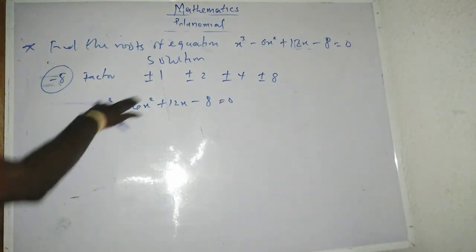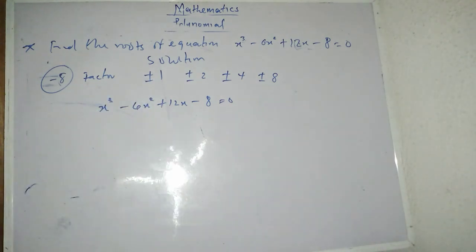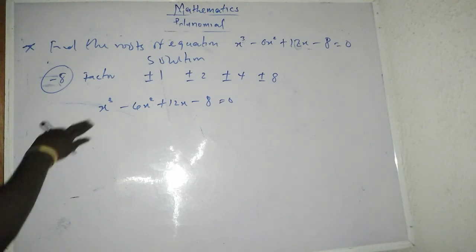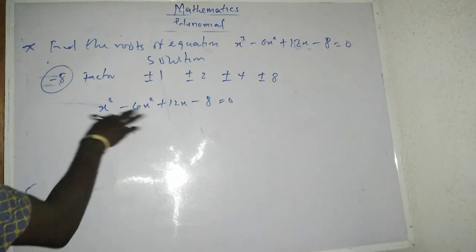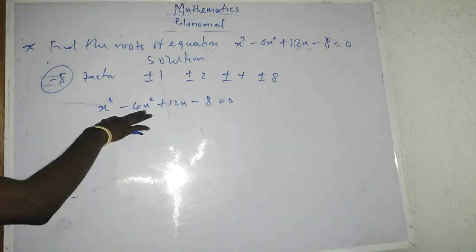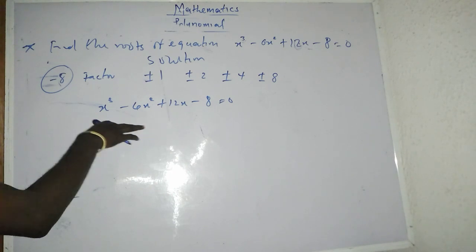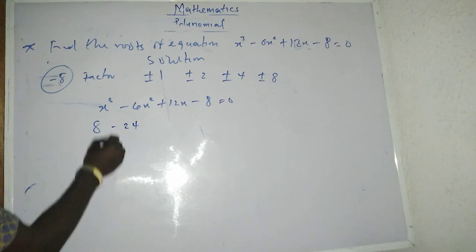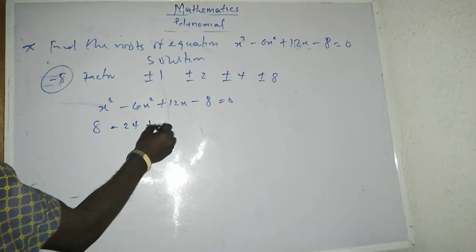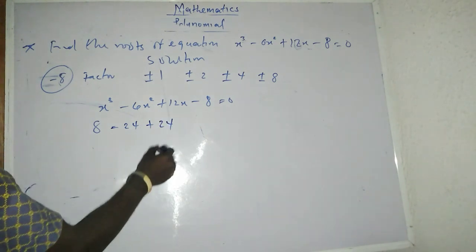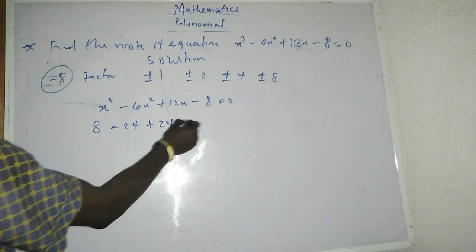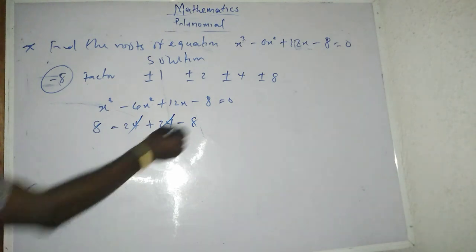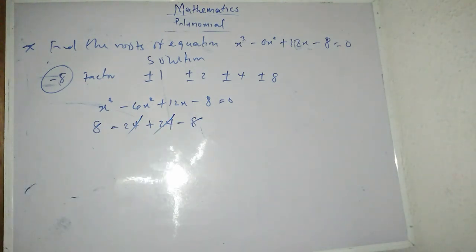If I put minus 1, it won't work. Now, what can I put? Let me test for 2. 2 cubed is 8. I'll be having 6 times 4, which is 24. I have 8, I have 24, and plus 24, and I have minus 8. This will cancel this. It means my x is 2.